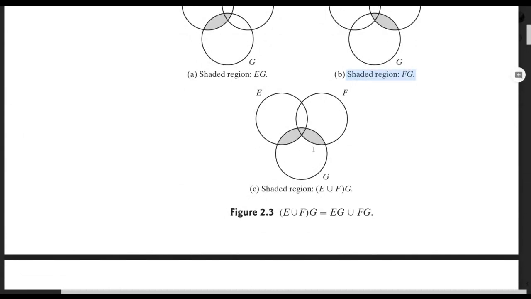This one is E union F, then intersect with G. And we know that's E intersect G, union F intersect G. You see clearly that's E intersect G, that's this one. Then F intersect G, that's this one. So putting these two together, that's a union of E intersect G and F intersect G.